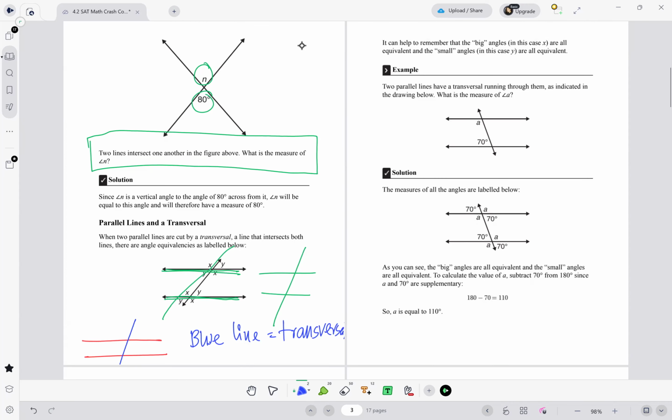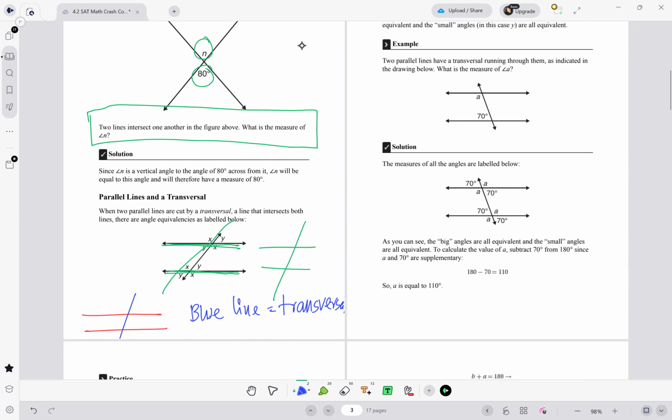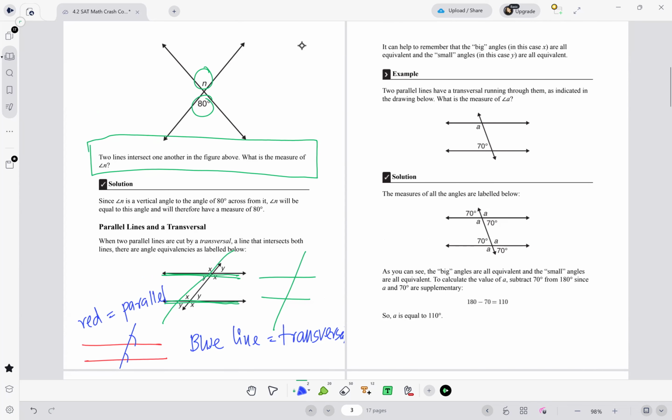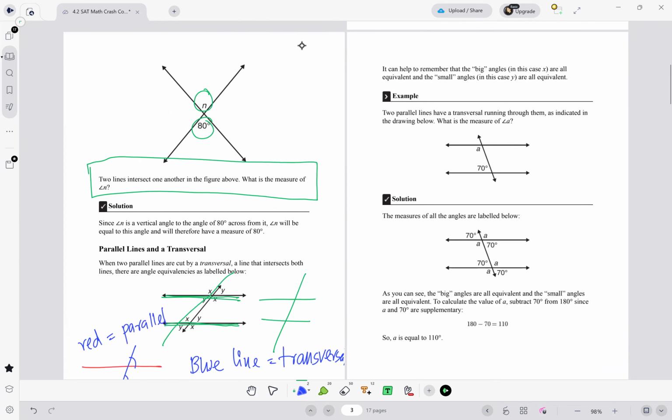The red lines are the parallel lines. And these angles are similar, and it is some pretty basic geometry.